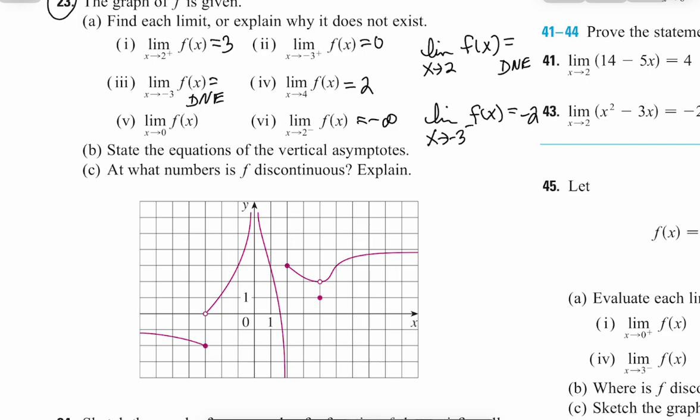The only vertical asymptote is at 2. So that's always an x equals number. Oh, yeah, it's 0. Sorry, this one is 0. I wasn't even looking right there. Yeah, okay, so there's a vertical asymptote here, and there's a vertical asymptote there. Is there another one? Yes. It's still considered a vertical asymptote on the left side.